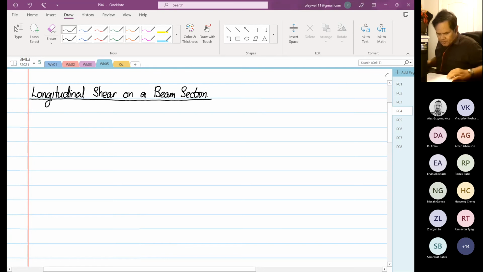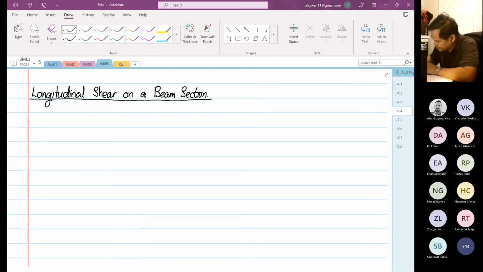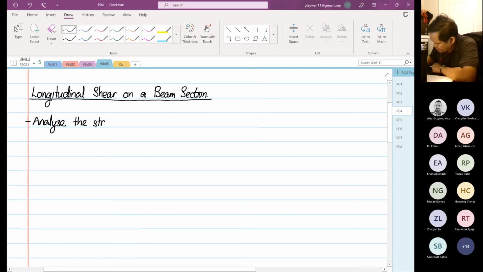So we are going to analyze the strength of joints in shear loading condition.